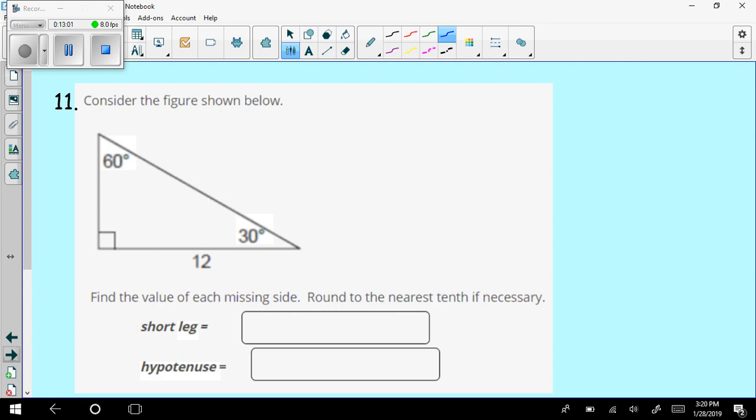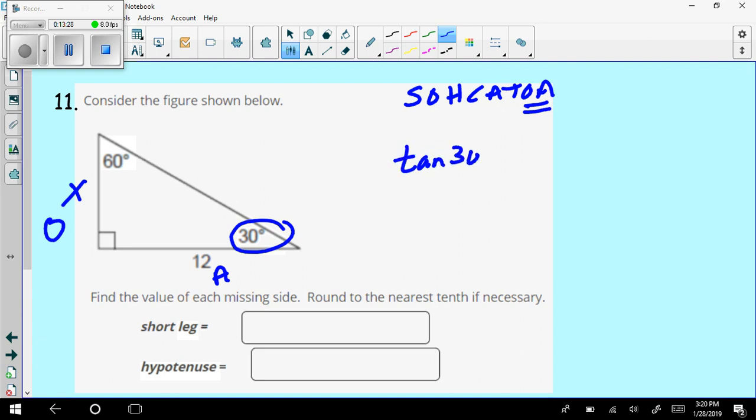Here we want to find the short leg and the long leg. So let's first work on the short leg. Well, the short leg is opposite to 30. Using our trig, SOH CAH TOA, with the 30, this would be the opposite, this would be the adjacent. Opposite and adjacent are used in tangent.